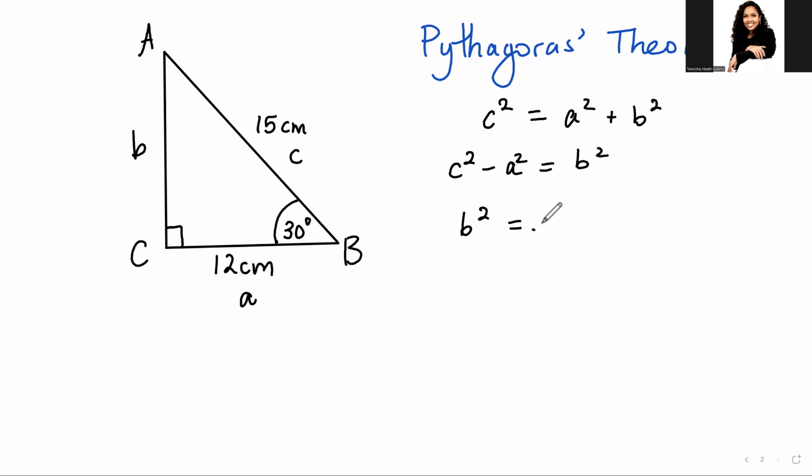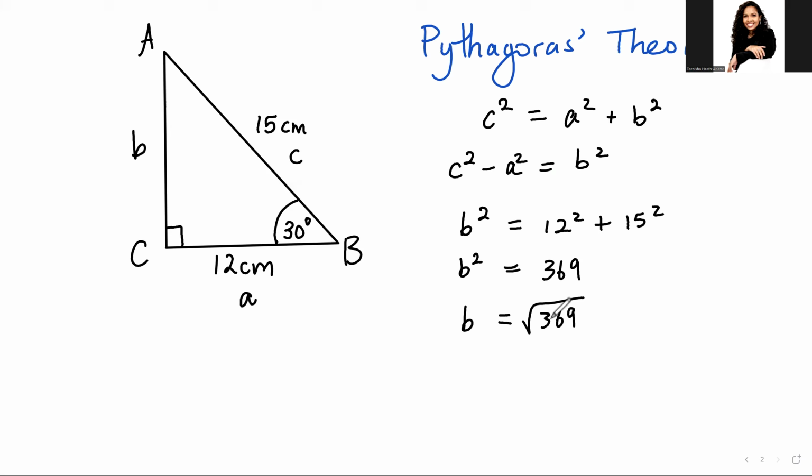B squared will be equal to 12 squared plus 15 squared. On your calculators, that would give you 369, and if B squared is 369, then B would be the square root of 369.